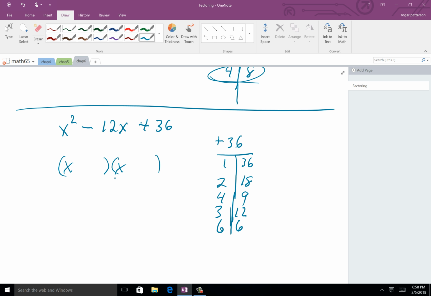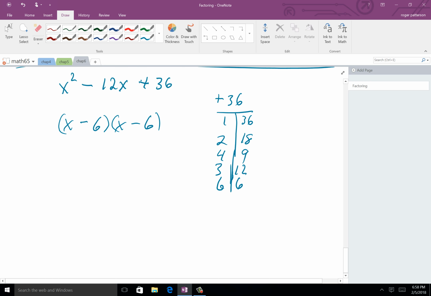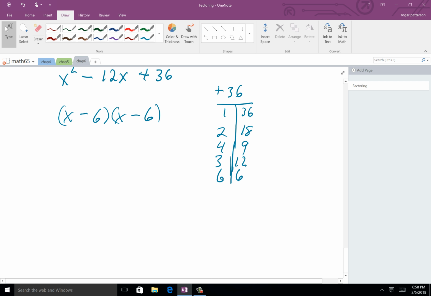I know it's going to be 6 and 6. But in this case, they both have to be negative, right? They both have to be negative. I'll show you this one.